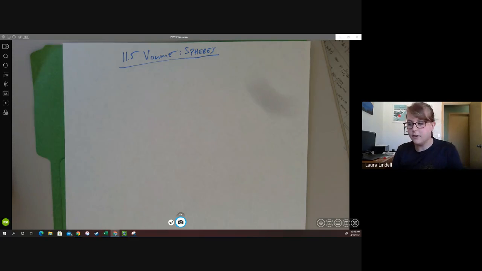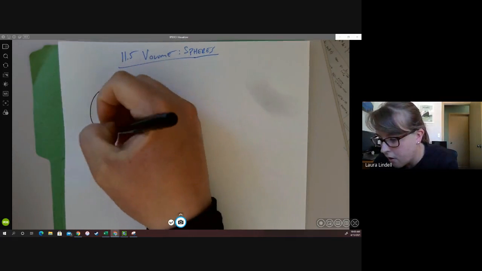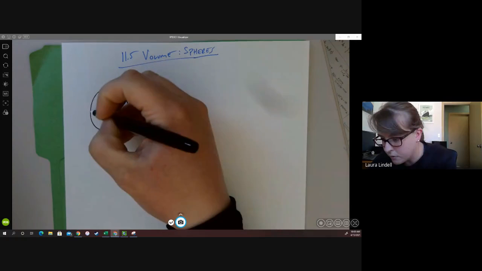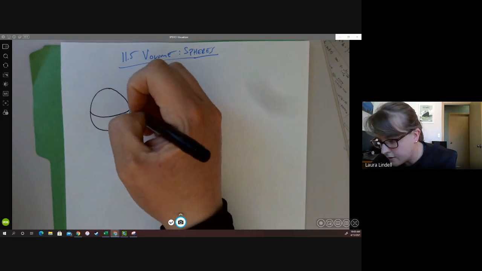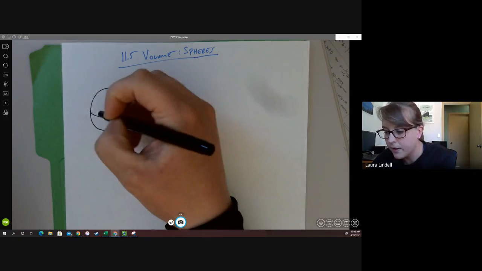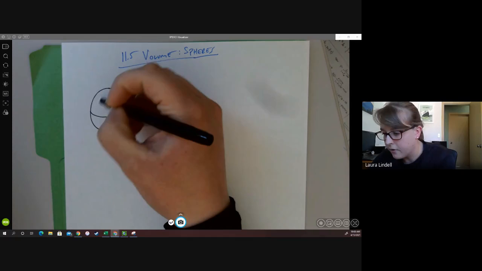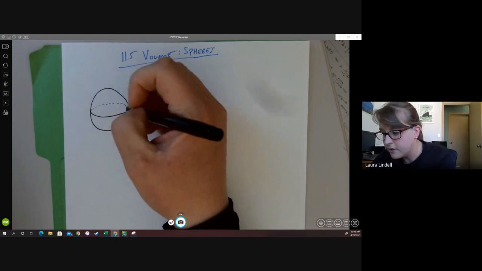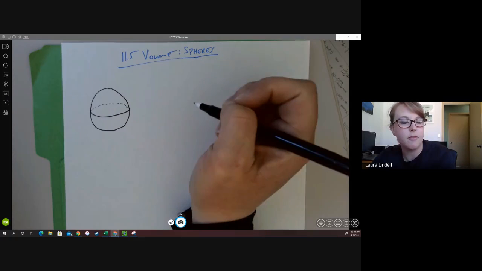When we draw a sphere, the way that I typically like to do it is draw a circle. And then we'll do something like this to show that it's got shape, or that it's three-dimensional. You can do something like this if you like to show that it's got that third dimension behind as well.